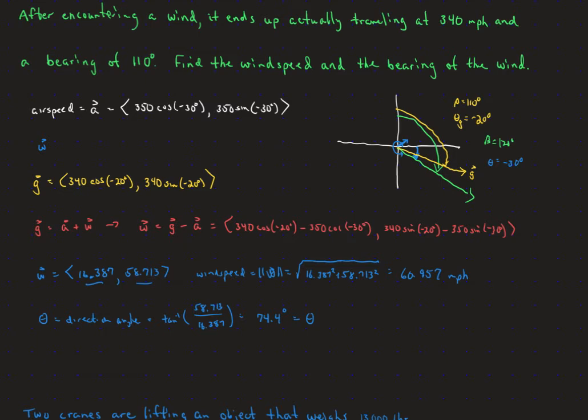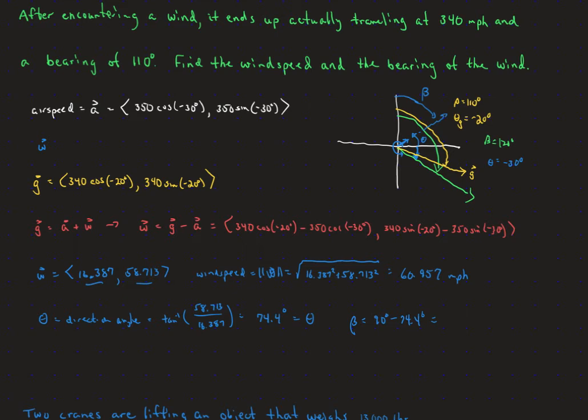So if this angle right here is our 74 degrees, then our angle beta, I'm going to extend this out here, our direction, or rather our bearing, is going to be 90 minus that. So our bearing is going to be 90 minus the 74.4 degrees.